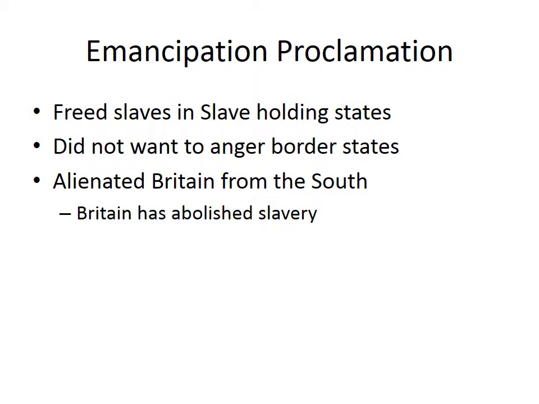The Emancipation Proclamation is going to free those slaves that are in states that are rebelling. So he's freeing slaves in states that he doesn't really even control anymore. So it did not free all slaves, and that's important to note.